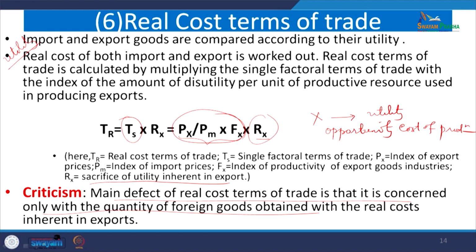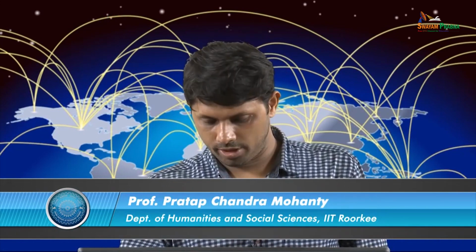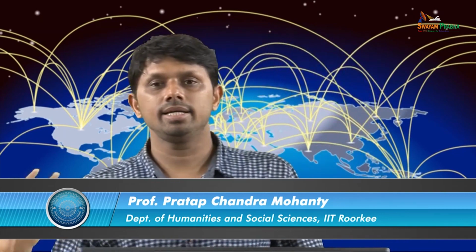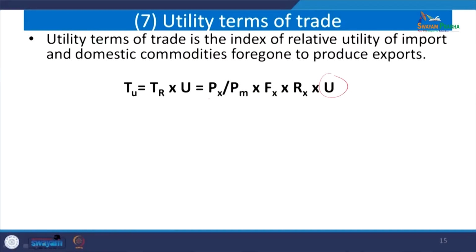What about the imports, and what kind of utility we have added due to the foreign goods that are imported? These are not discussed. Therefore, the utility terms of trade is defined, where we include the complete utility.